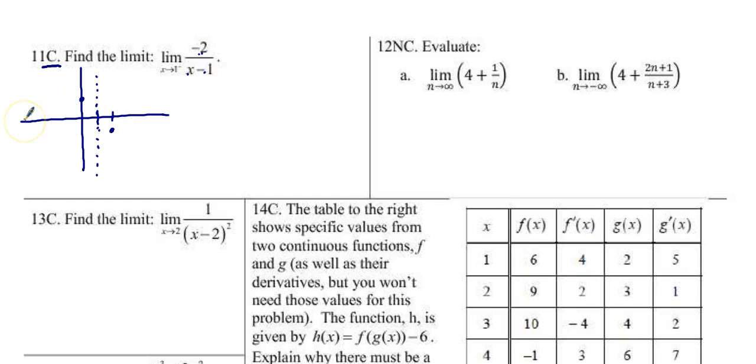What happened was it flipped over. Normally it's in the first and third quadrant versions. Well, this is reflected over, so it's in the second and fourth quadrants. So there's what the graph looks like for a rational function. You could have graphed it on the calculator. I'm doing this whole thing without a calculator, as much as I can. The only ones I used it for were the average rate of change problems on the previous page.